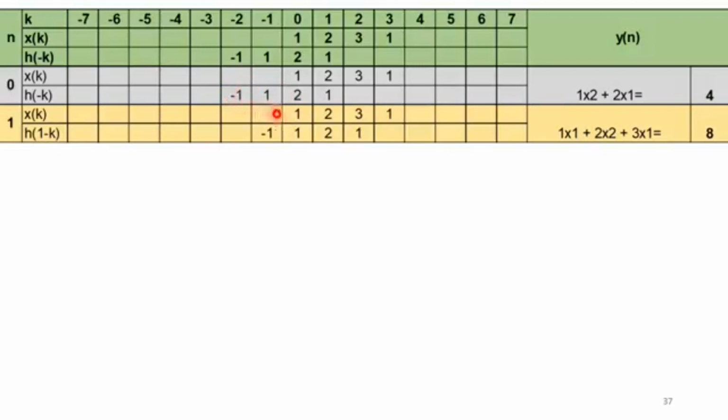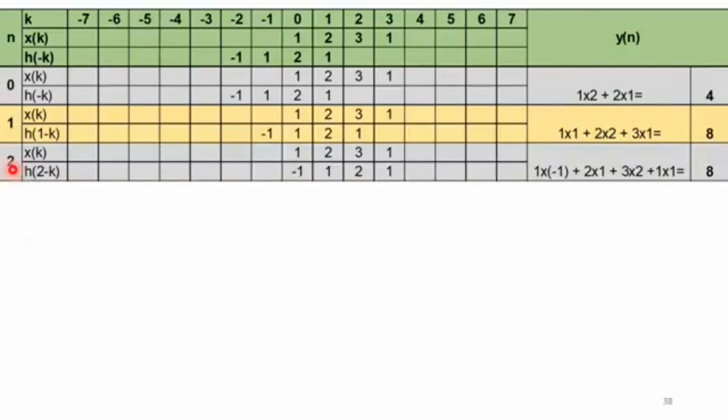So previously h of minus k was here, and h of 1 minus k or minus k plus 1 will be moved to these positions. Now once we have these two signals in place, we can multiply the values which are overlapping. So 1 times 1, keep an eye on this line, 1 times 1 plus 2 times 2 plus 3 times 1 gives us 8. So for n equals to 1, we now have the value for y as 8.